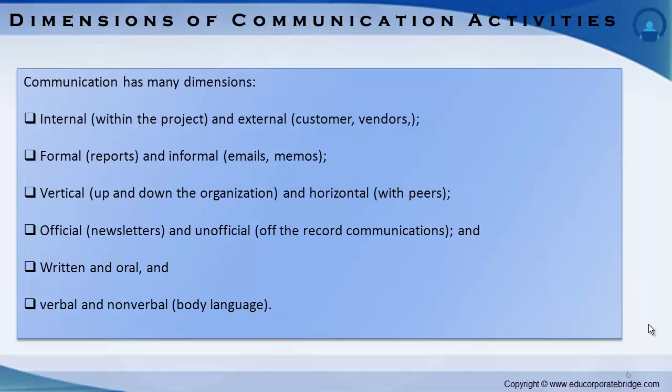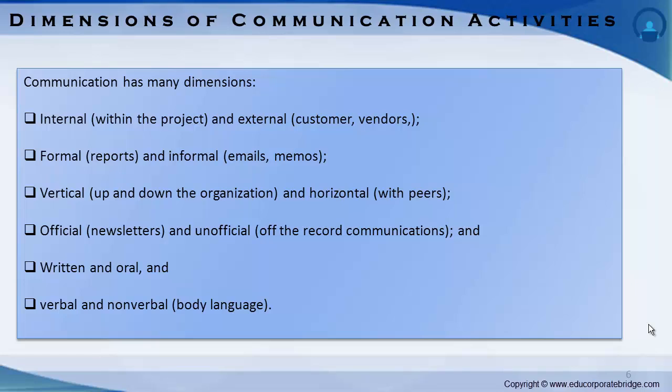Next dimension is official and unofficial. Official communication happens through newsletters and is usually done in black and white, while unofficial communication is generally off the record communication. Next is written and oral.